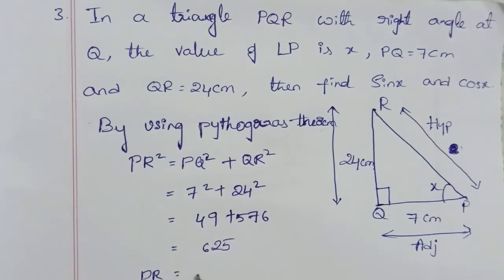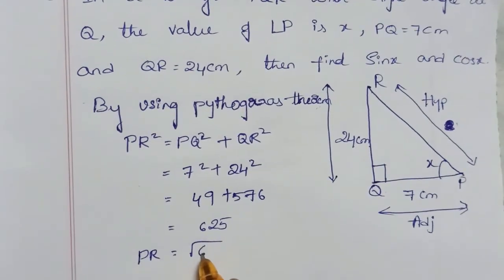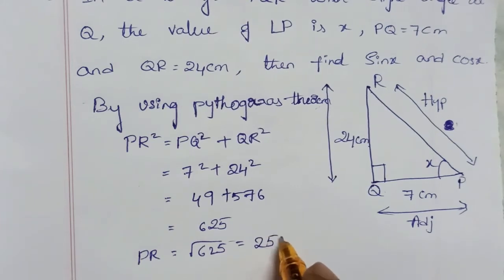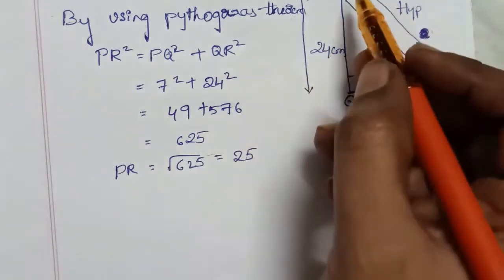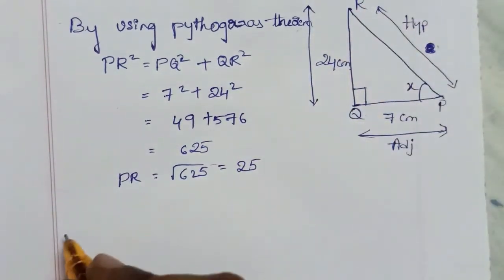PR is equal to root over 625, that is equal to 25. We find the value of sin x and cos x.